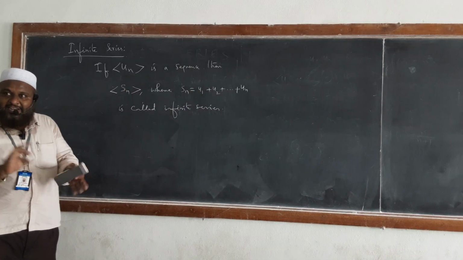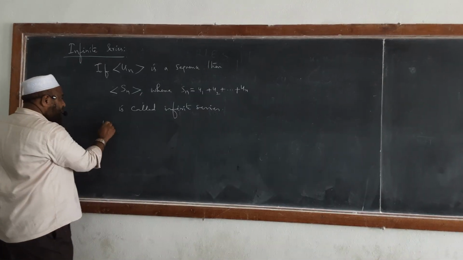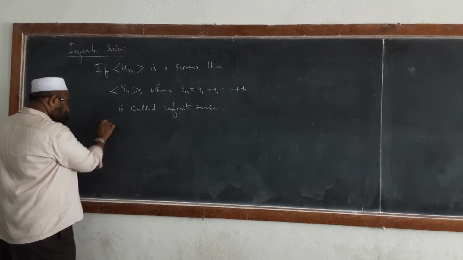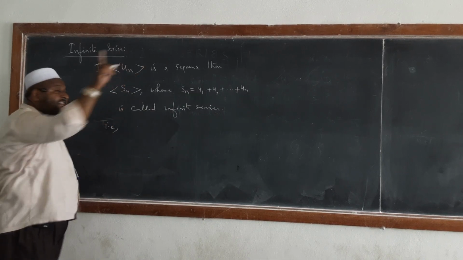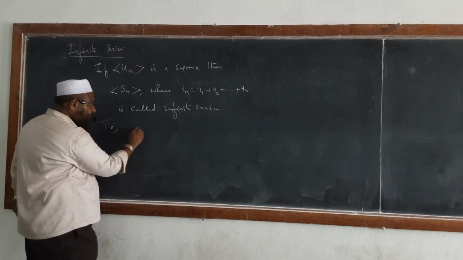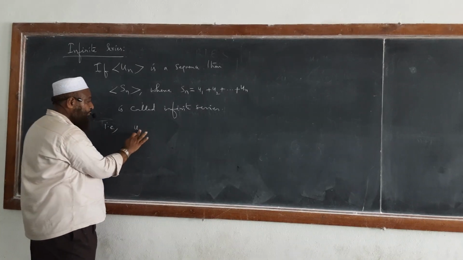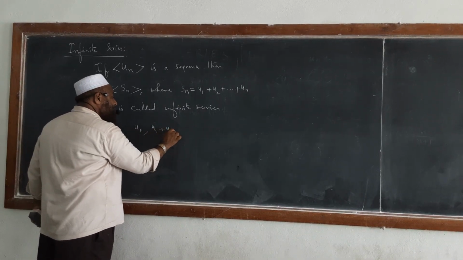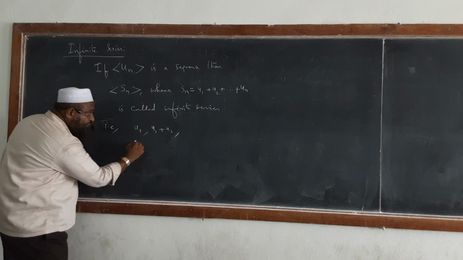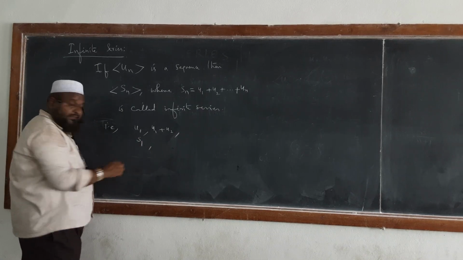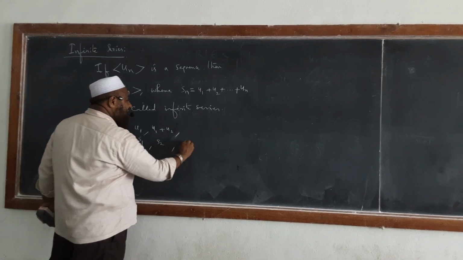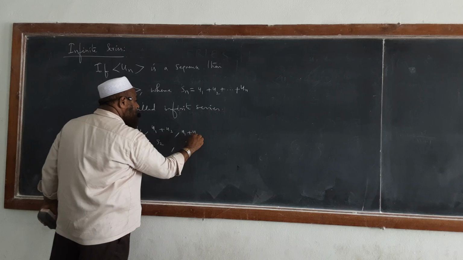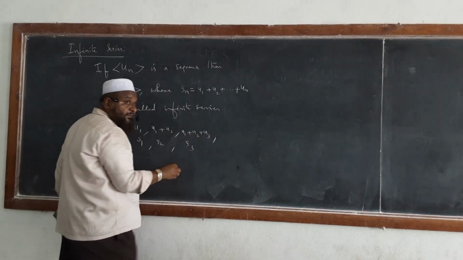Now just tell me, what is this Sn? u1, comma, u1 plus u2, comma, this is actually our S1, this is our S2, S3 is u1 plus u2 plus u3, comma, and so on.